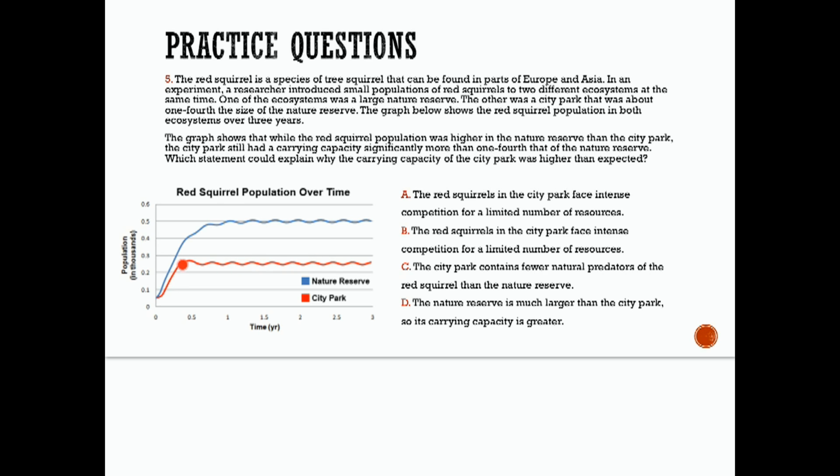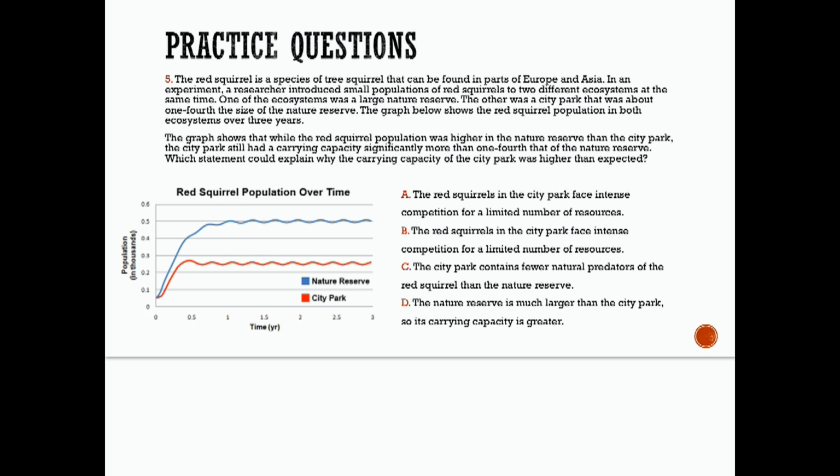Here's their carrying capacity where it levels off. So, which statement could best explain why the carrying capacity of the city park was higher than expected? So, pause it, look over your answer choices, and let's see what we think.